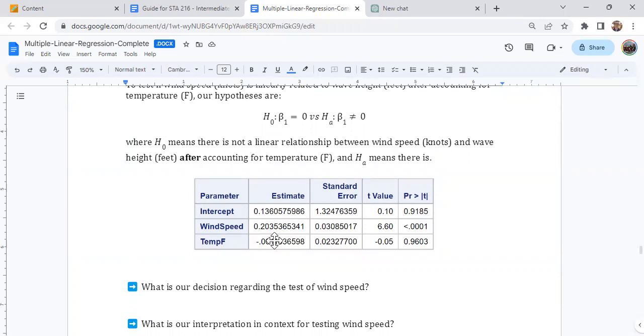So we reject H0, since the p-value for this test of wind speed is less than 0.0001. That happened to be the same as the overall F test, but it's not like those are in general the same. That just happened to be. And SAS, if it's really small, always says less than 0.0001.